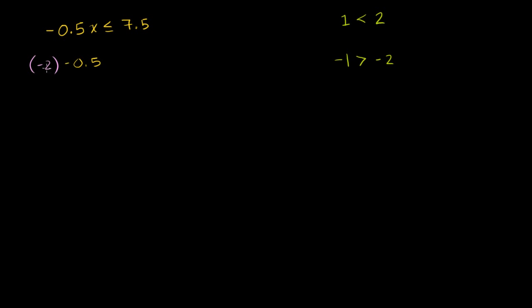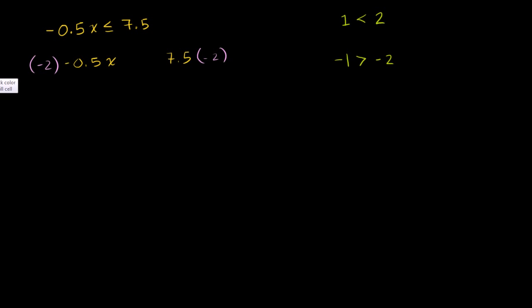You might say, hey, how did Sal get this 2 here? My brain is just thinking, what can I multiply negative 0.5 by to get 1? And negative 0.5 is the same thing as negative 1/2. The inverse of that is negative 2. So I'm multiplying negative 2 times both sides of this equation. And I have the 7.5 on the other side. I'm going to multiply that by negative 2 as well.